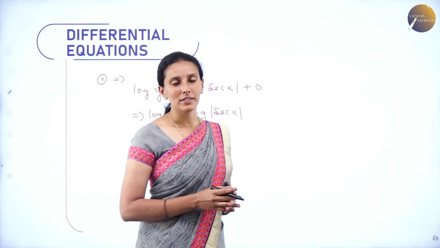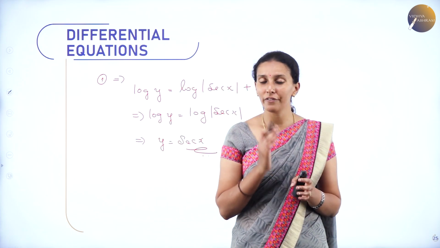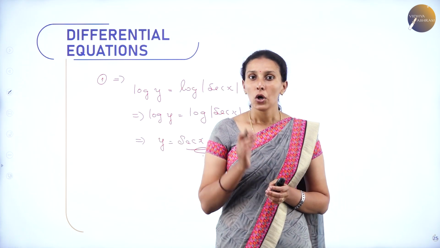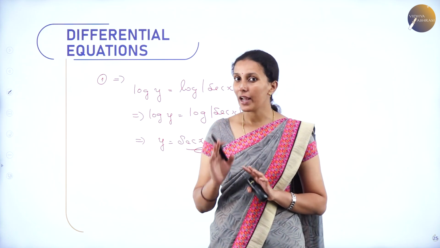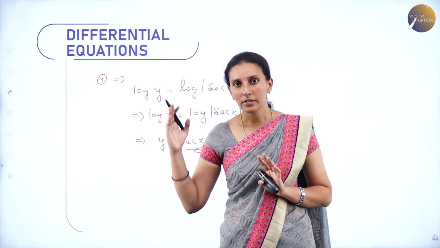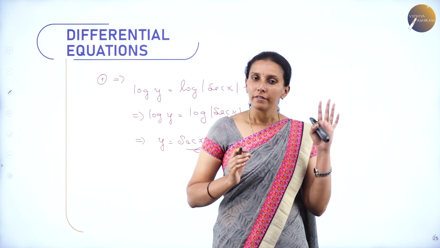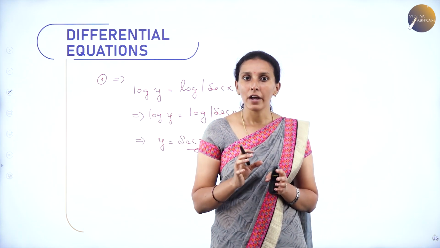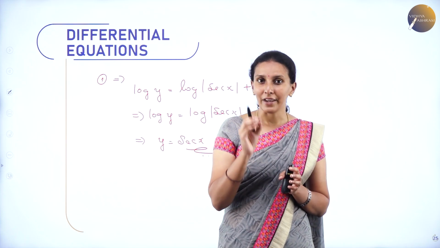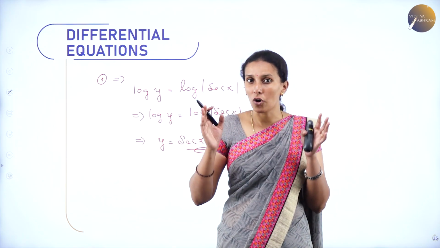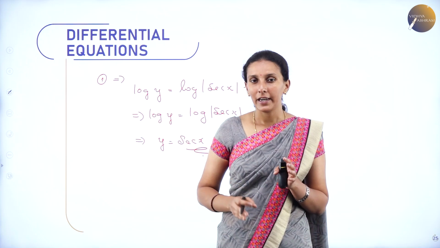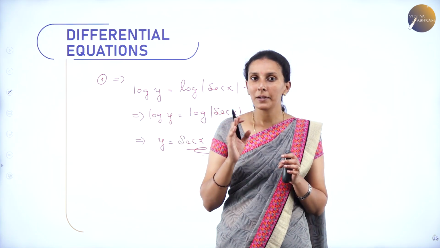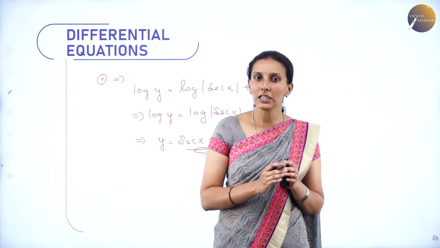Now finding the general solution and particular solution through the variable separable method is only possible whenever you can express all y terms on one side and all x terms on the other side. So whenever a differential equation is given, you are supposed to see whether it can be separated or not. If it can be separated, you can use the variable separable method to find the solution.